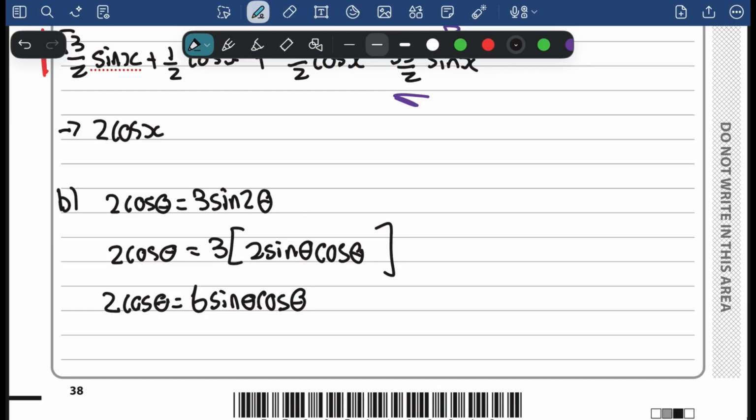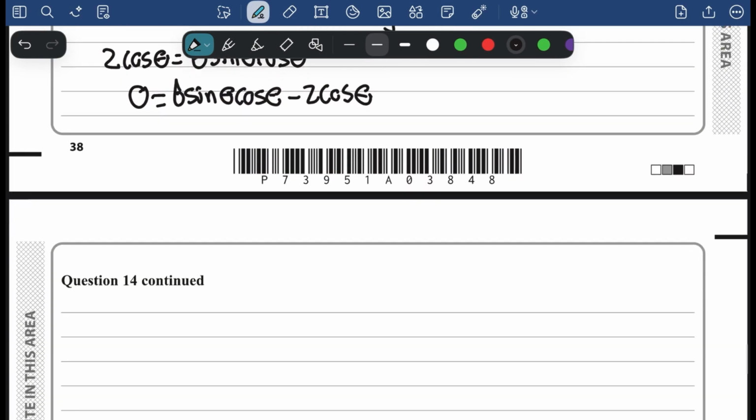And then we can minus 2 cos theta from both sides, so we get 0 equals 6 sin theta cos theta minus 2 cos theta. Then we can just take a factor of cos theta out. That's going to be multiplied by 6 sin theta minus 2.